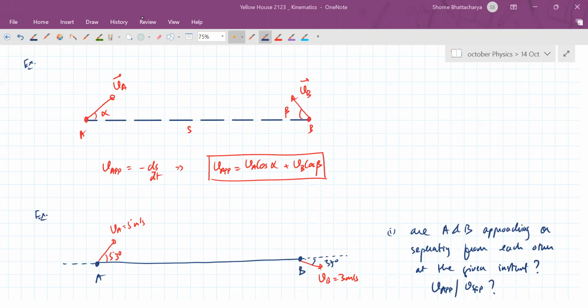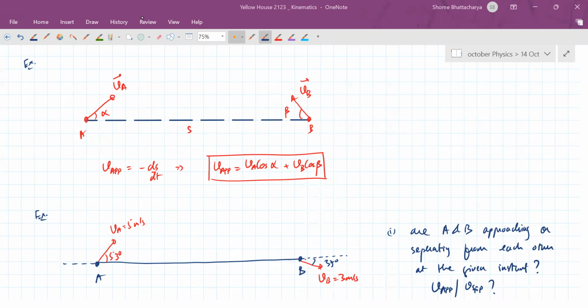So it will separate V approach and V separation along X and Y axis, right? Respectively. Yes, very good.